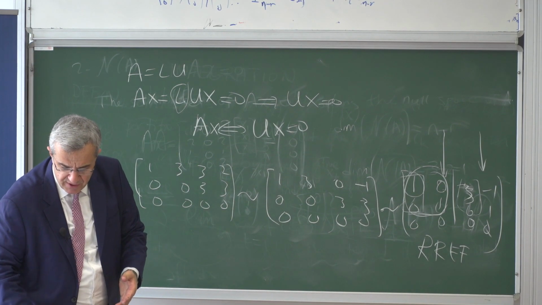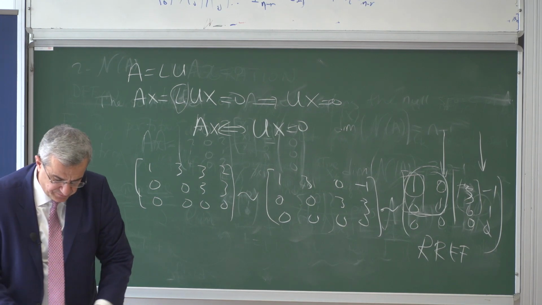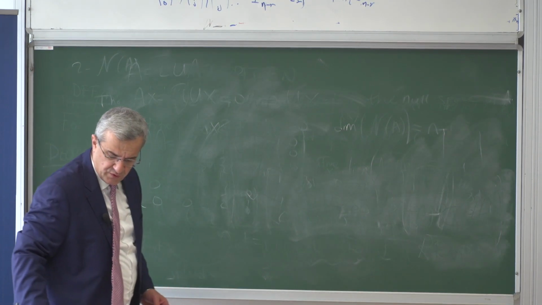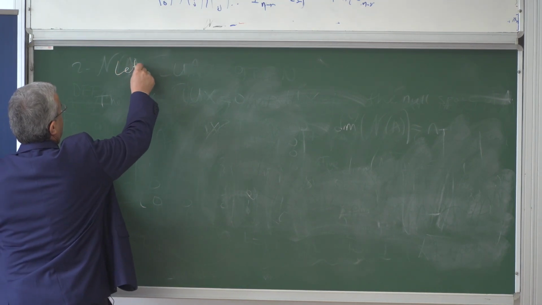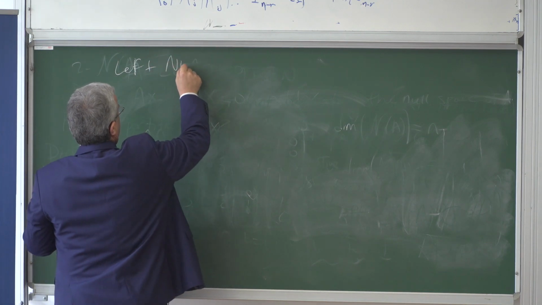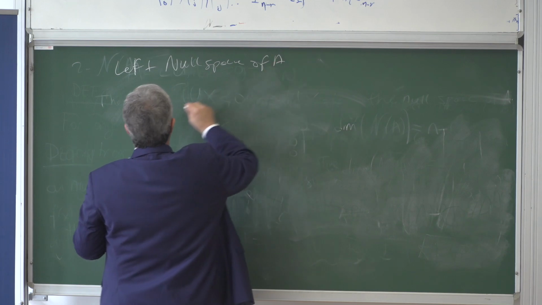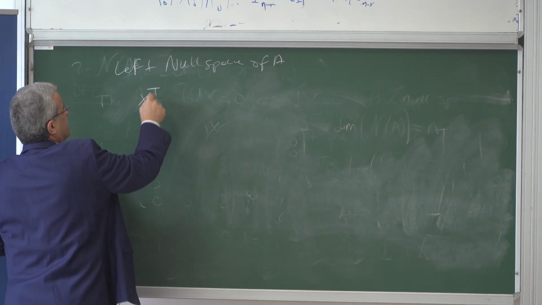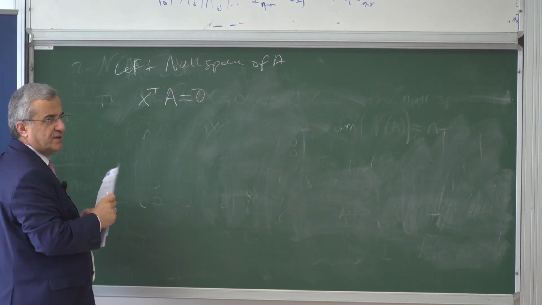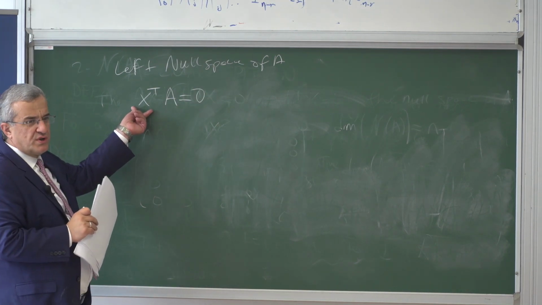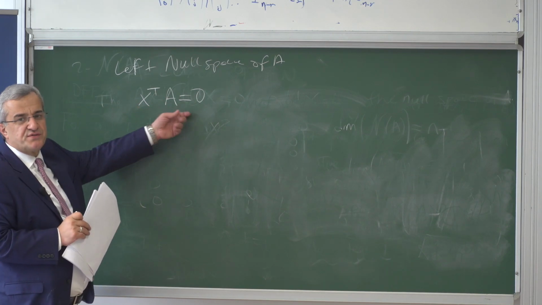Let's look at the next one. Let's look at the left null space of A, meaning the set of x's that satisfy this. Okay? So we are looking for a set of linearly independent x's that will satisfy this.